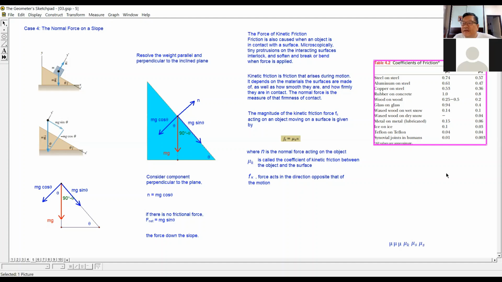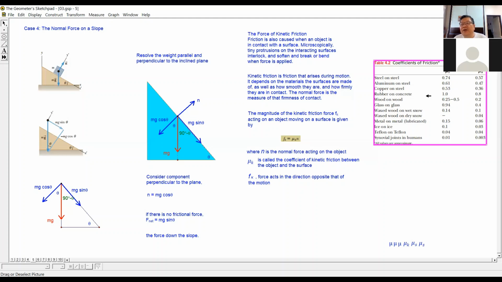Which two surfaces? It will be glass on glass. Glass on glass is 0.94. Nice. Is there any number bigger than 0.94? Rubber on concrete. So we know that rubber on concrete has the biggest frictional force.